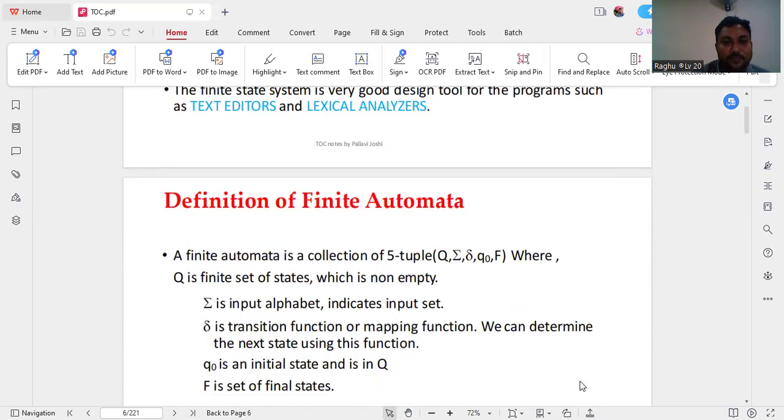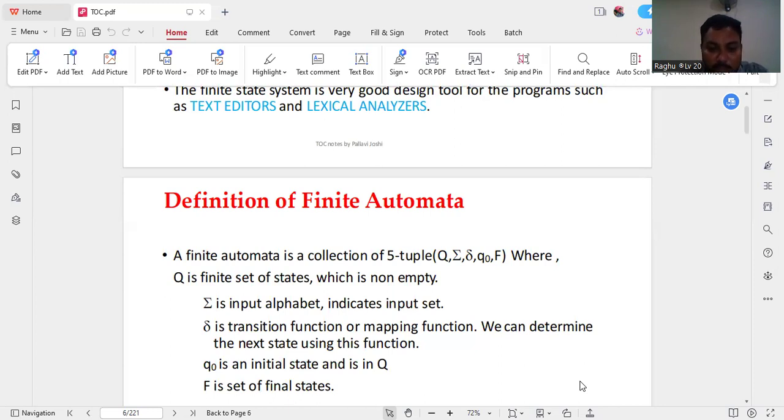This is the definition for finite automata. Each and every automaton is defined by some tuples. A finite automaton is defined by 5 tuples: capital Q, sigma, delta, Q naught, F, where Q is the set of states, which is non-empty. Here sigma is the input alphabet.